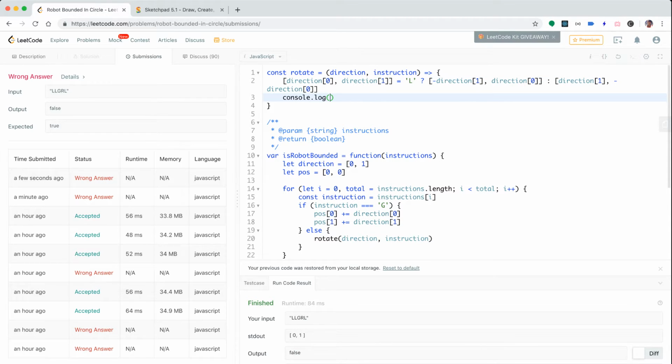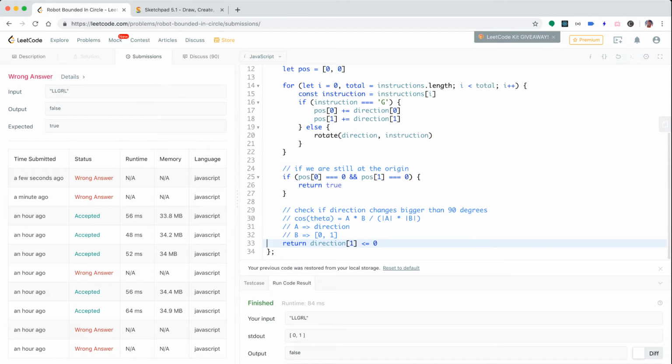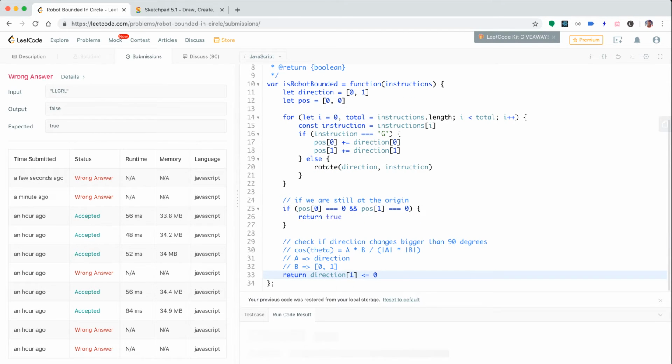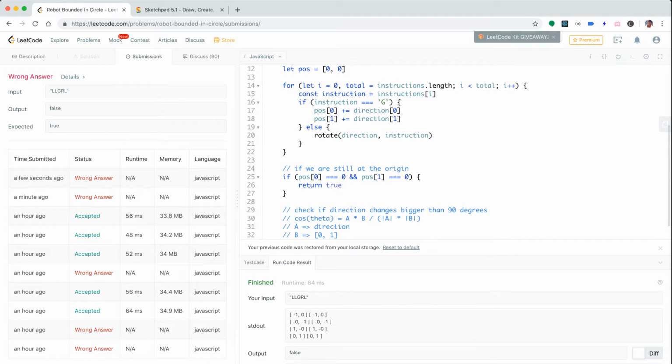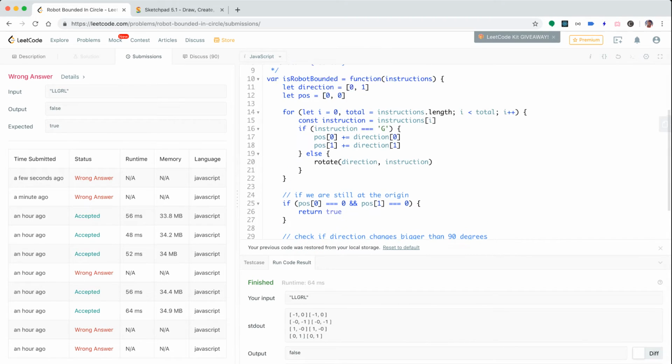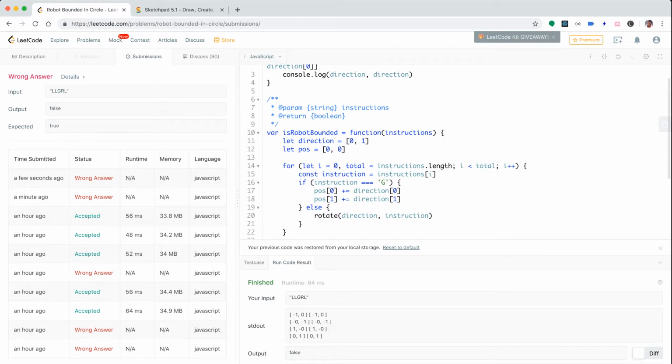We have a problem. We log the rotation. Okay. The first, we write left, so it's right.